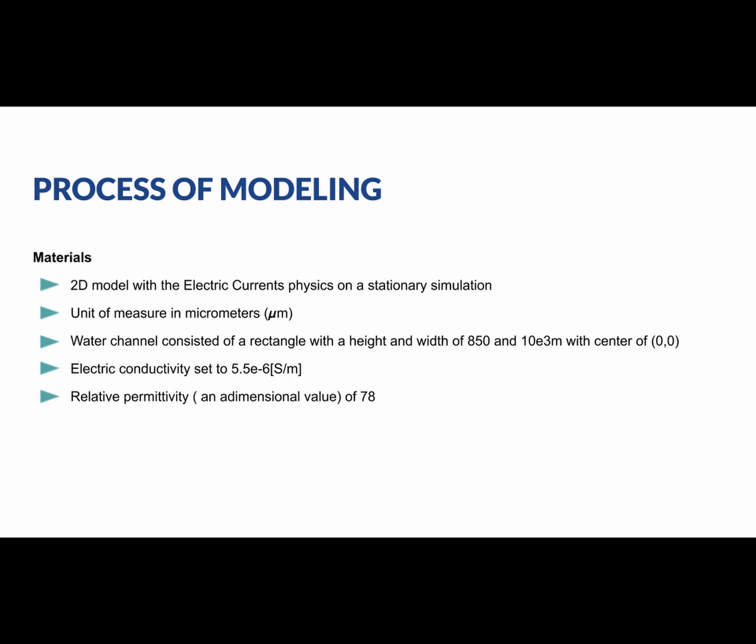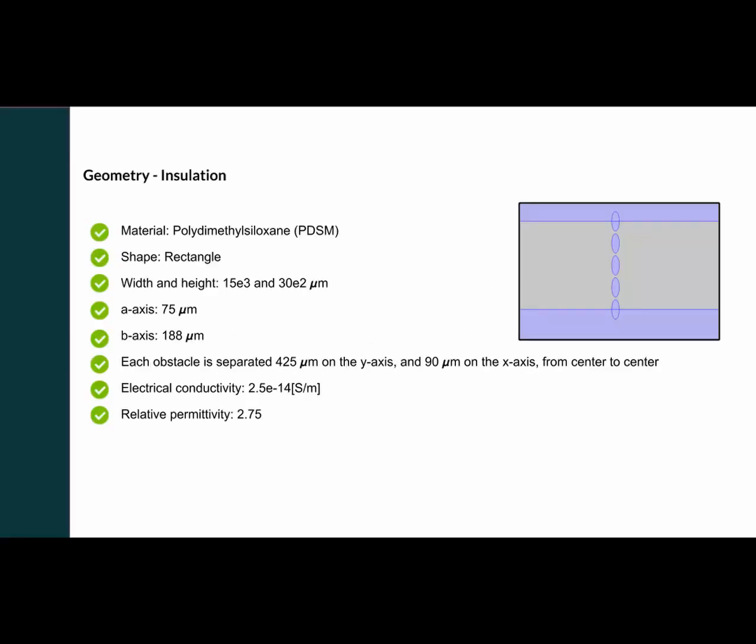850 micrometers were used for the height and 10 to the 3 for the width. For the insulation domain, the material selected was polydimethylsiloxane, in the shape of a rectangle as well, enclosing the water channel, at the center of which we find the insulator obstacles in the shape of an ellipse. Therefore, these obstacles have two diameters.